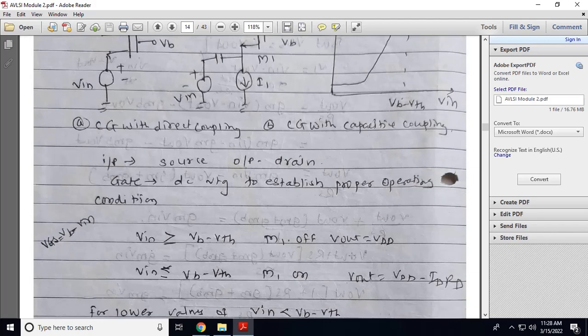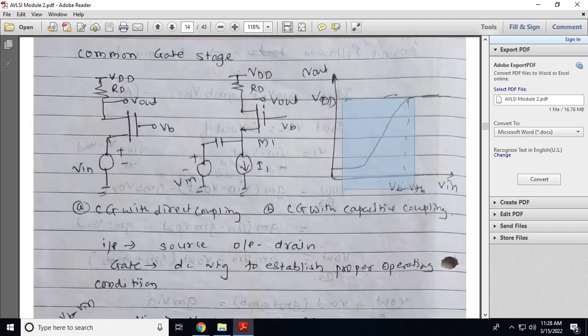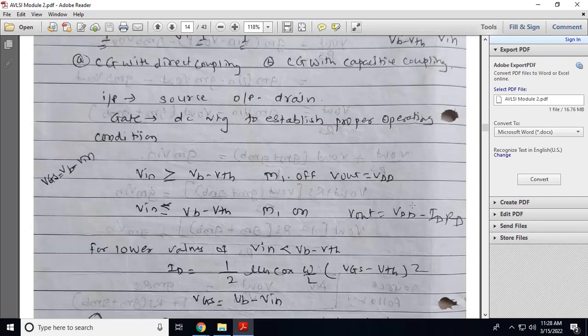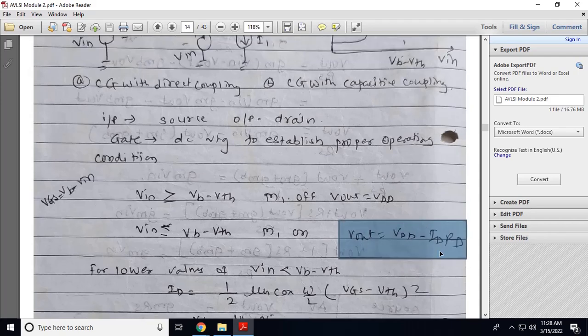So Vout is equal to VDD minus ID into RD. For this region output voltage goes on decreasing because drain current increases. The transistor is turned on and drain current goes on increasing, so output voltage will decrease.